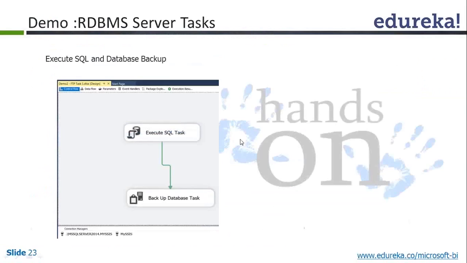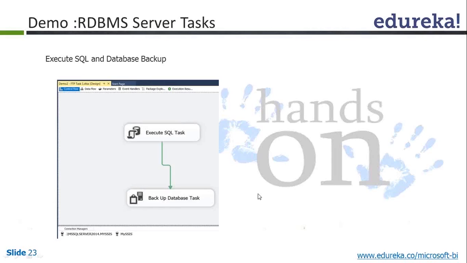Okay, so I'll show you another example. I want to do a hands-on, all right? I want to execute a SQL task on a database. My concept is, I want to use an SSIS package to back up a database.